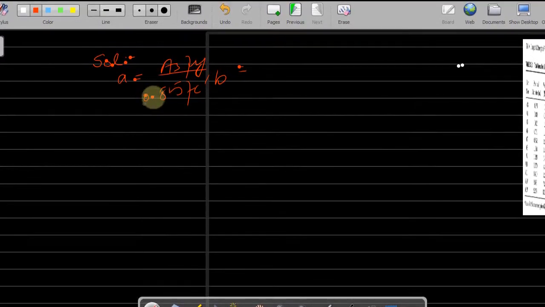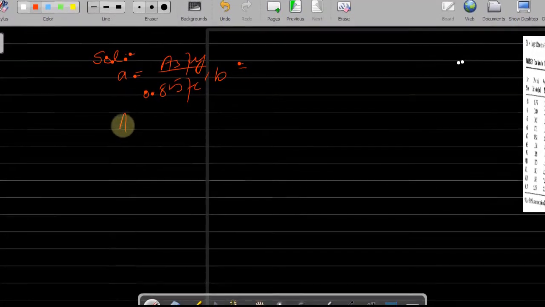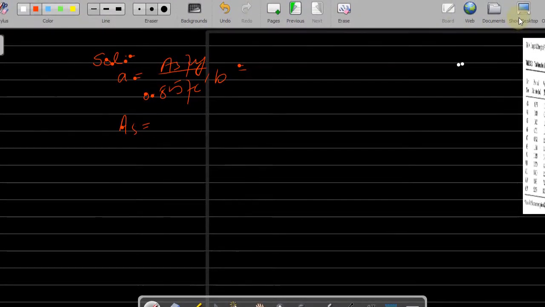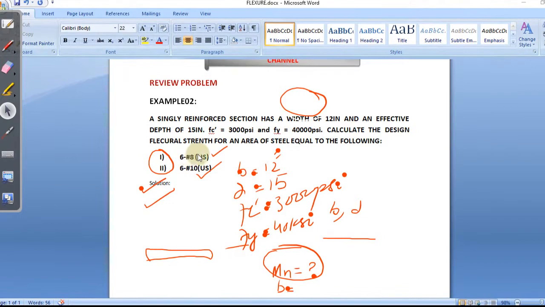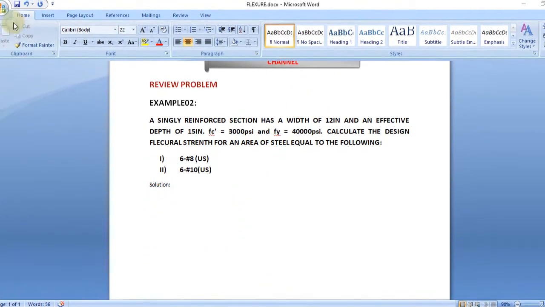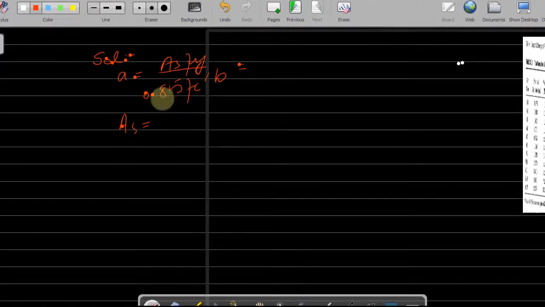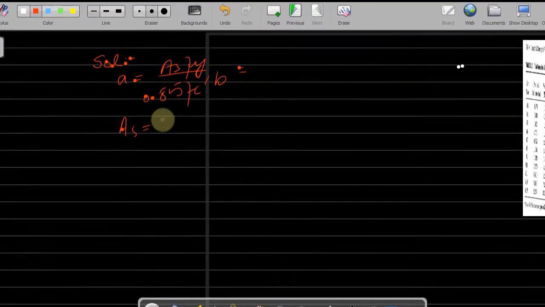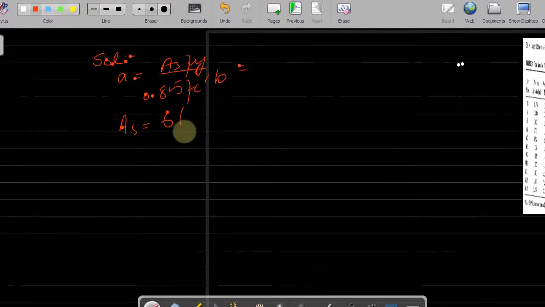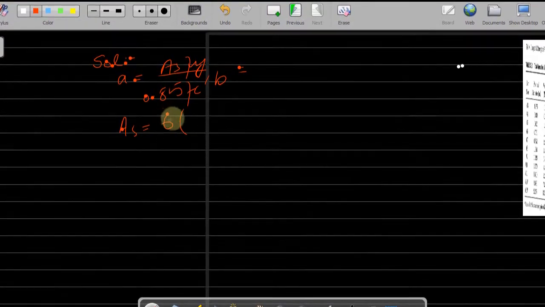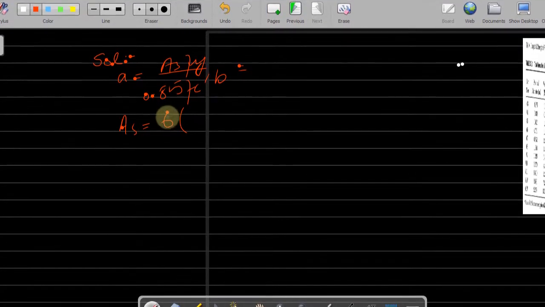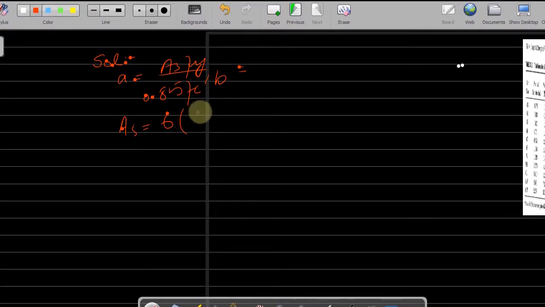How can we calculate a's value? We know how many bars we have, right? This is 6 number 8 bars. Here I am sharing with you one of the easiest formulas for calculating the area of steel. So 6 number 8 bars. We have 6 bars, and we have to multiply by the cross-sectional area of a number 8 bar.